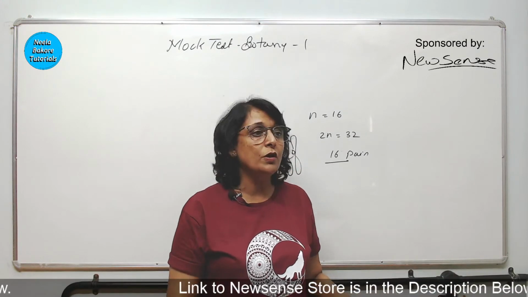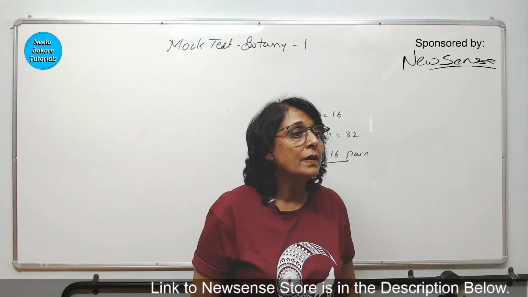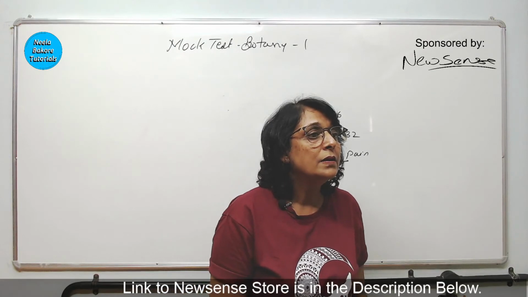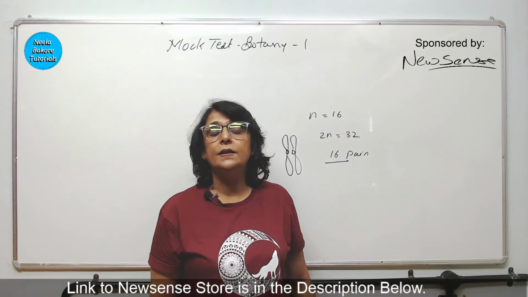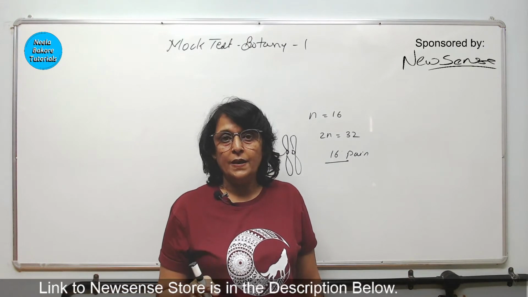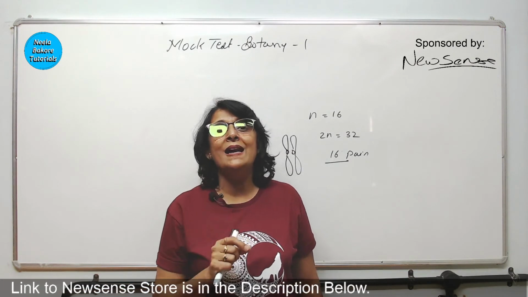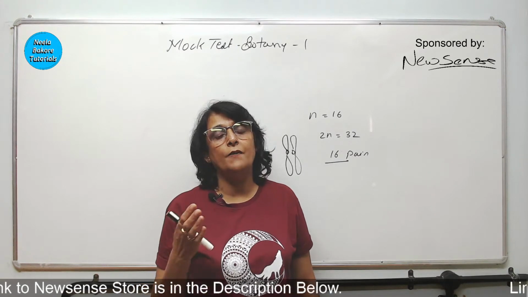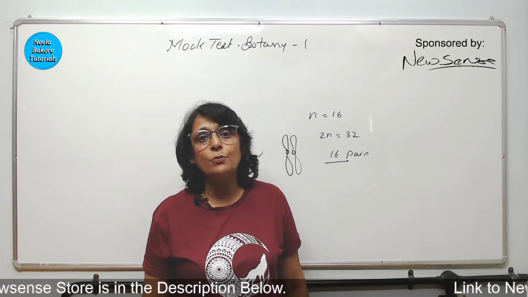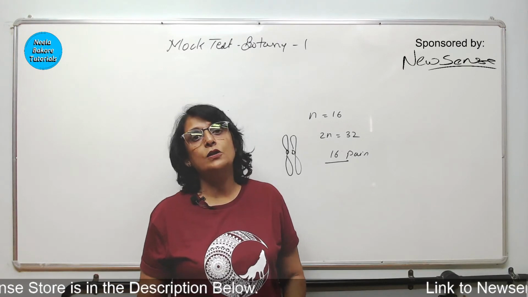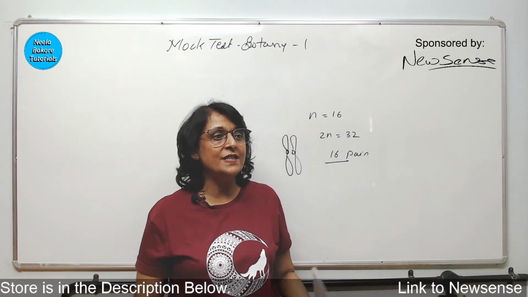Now, let me come to the fifth one again. Okay, Chintala is asking the second question. This is a factual question. There was a period when in Ireland there was a fungal infection in potato crop. The disease was called late blight of potato and the causative fungus was Phytophthora infestans.